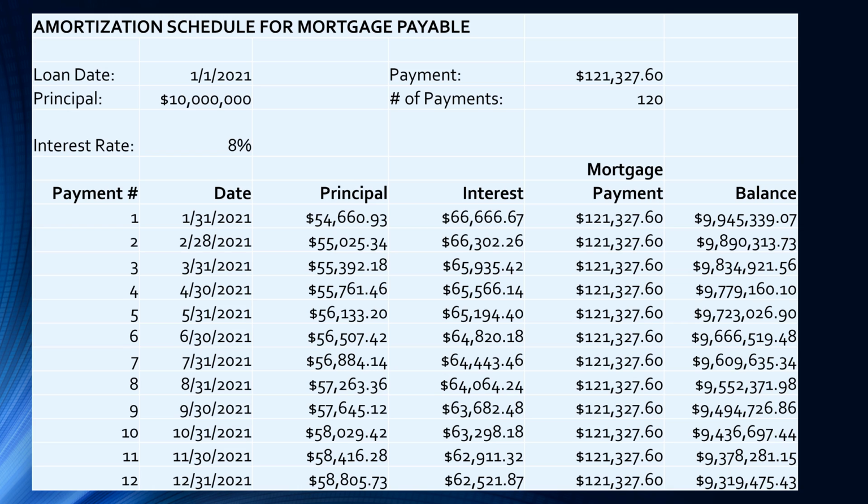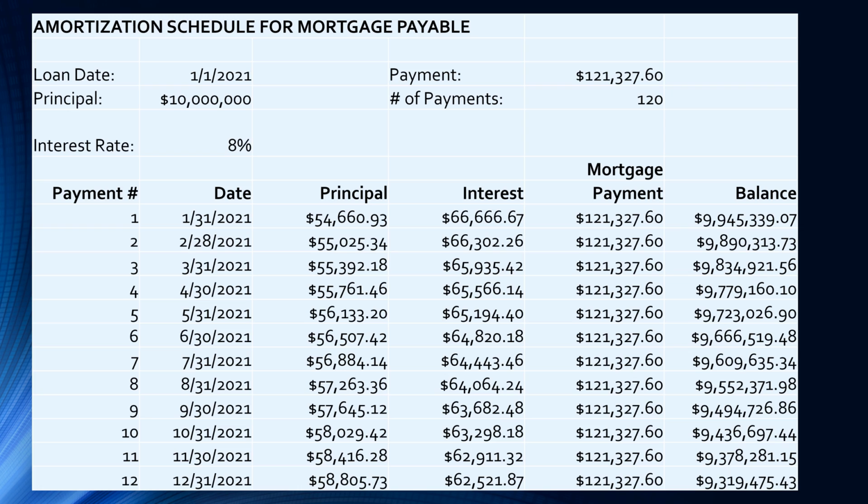So we put the principal as $10 million, and then we plug in the simple interest rate of 8%, and then we come up with our mortgage payments. I did a manual calculation to determine the mortgage payment, but we'll get into that in a more advanced video lesson when we're calculating expenditures and things of that nature.